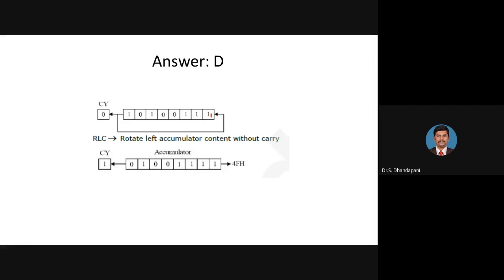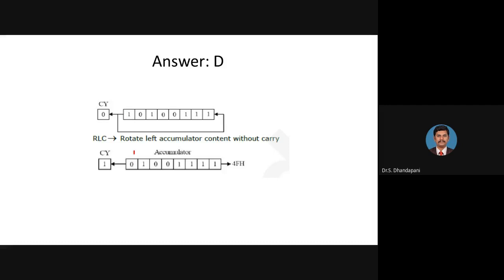The last bit, the MSB bit, comes to the LSB. Already in MSB we have 1. This one is coming to the LSB, the 0th bit, and all other bits are simply rotated to the left direction.